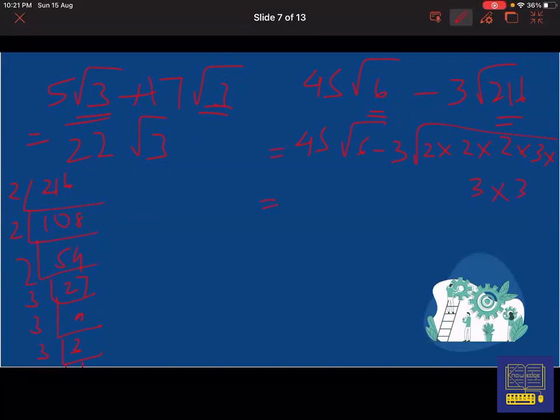Since the order is 2, we're going to take pairs of 2s. So that's common, and we're left with 2 and 3. So that's 45 root 6 minus 3 into 2 into 3 root 6. So that's 45 root 6 minus 18 root 6, which is equal to 27 root 6.